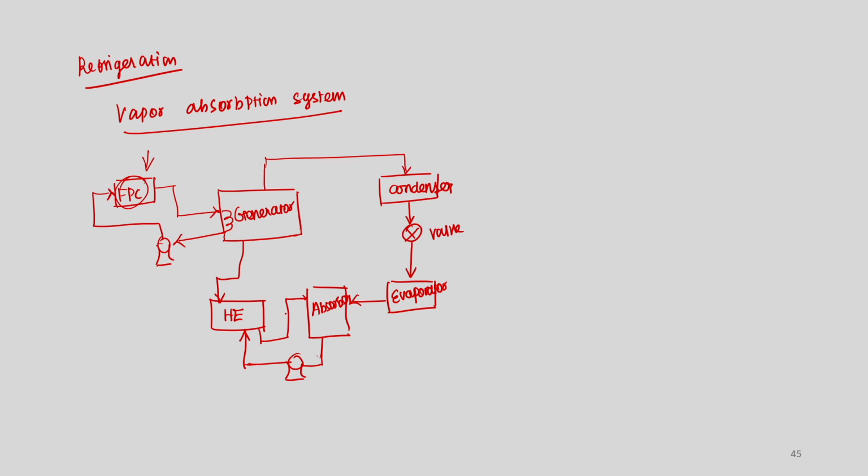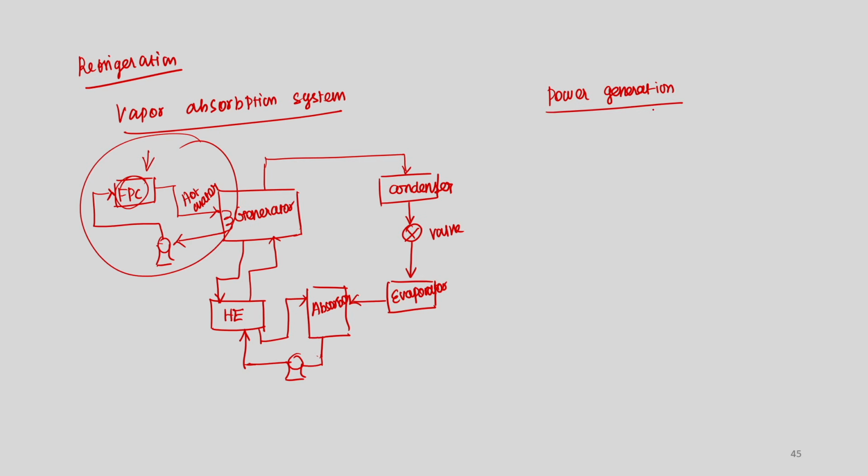After gaining heat, it goes to the generator, so it provides the hot water which is required to create refrigerant vapors out of the salt solution. In that way the solar energy can be used to produce the heat effect in the generator, and then we can use the same solar energy for power generation as well.